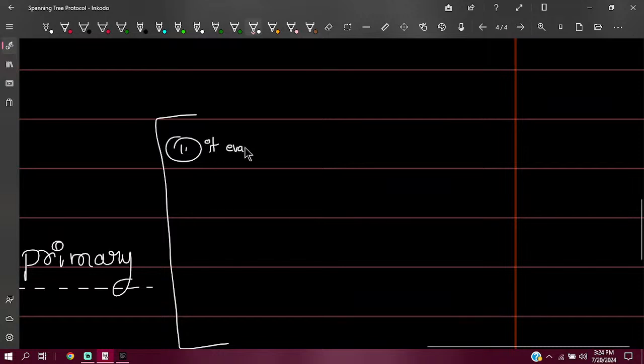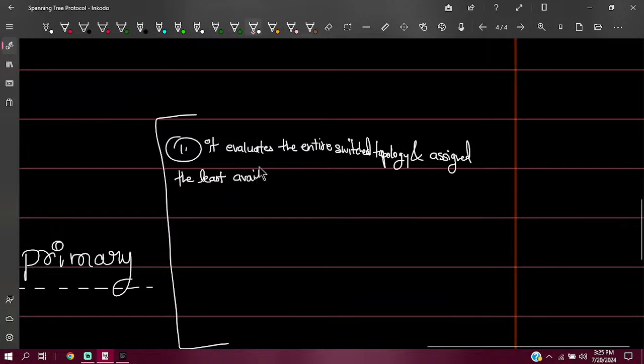It evaluates the entire switch topology and assigns the least available valid priority so that the switch becomes root.